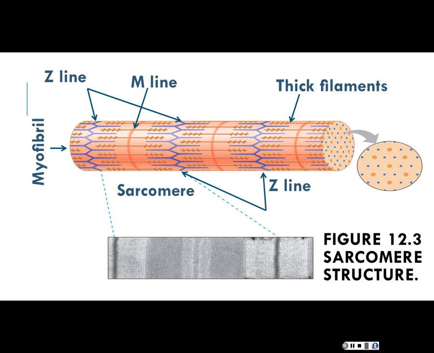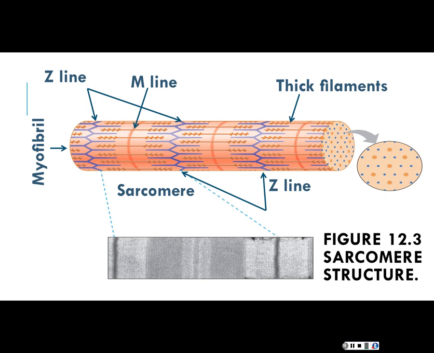The thick filaments are branching off of the M line. They would actually be attached right to the M line. So the M line is the point of attachment for our thick filaments.